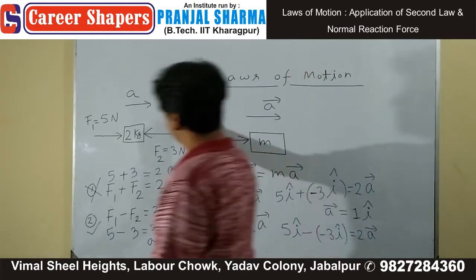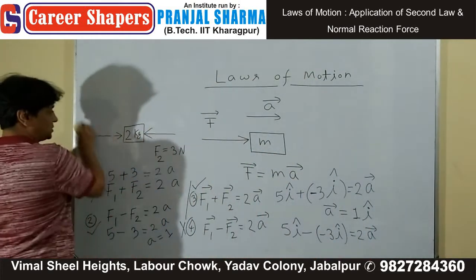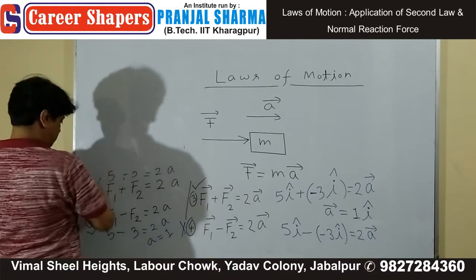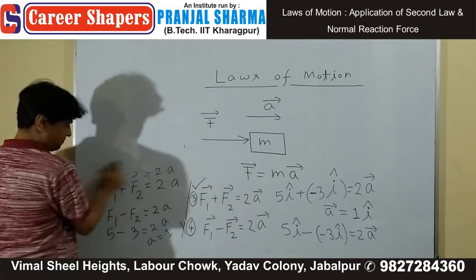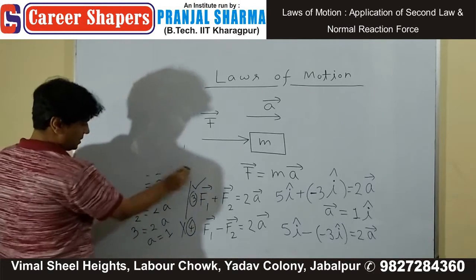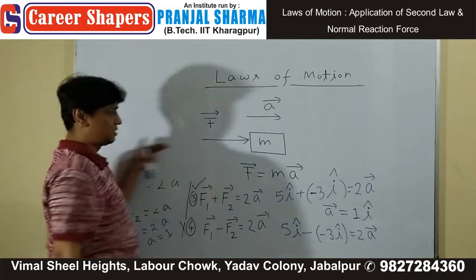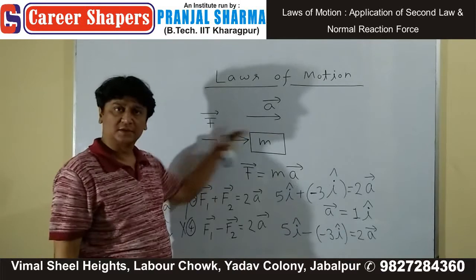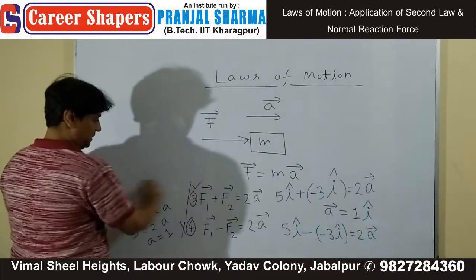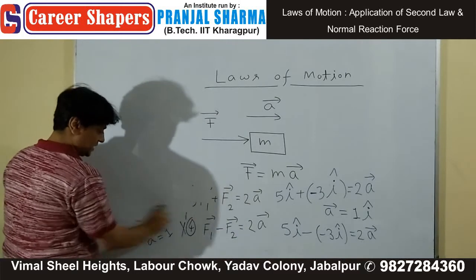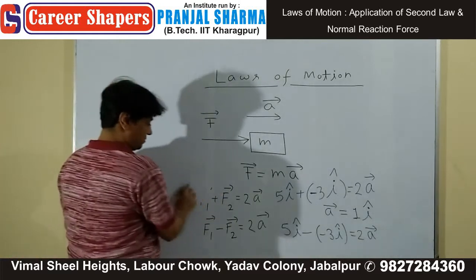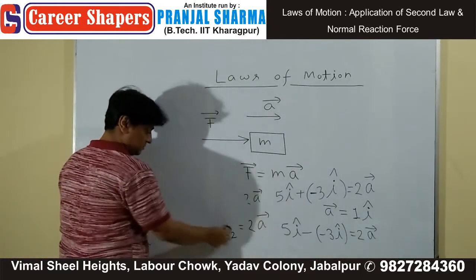Now, this vector form is always useful, but if you only have one dimensional sense, things are acting along the same line, then instead of writing all the vector sense, we must always go for the easier version.